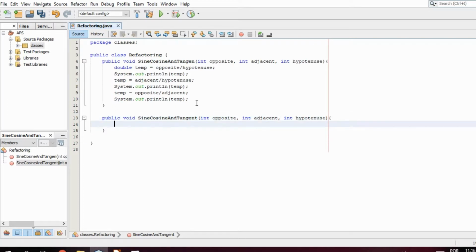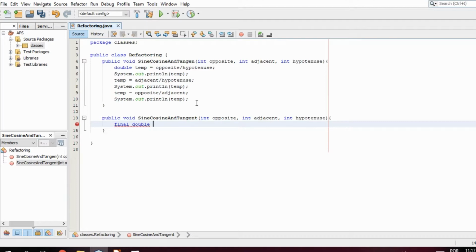Curly braces. Okay, now we're gonna make some new variables. We're gonna use a reserved word called final. That stands for constants, variables that won't have their value changed throughout our code. Final double.